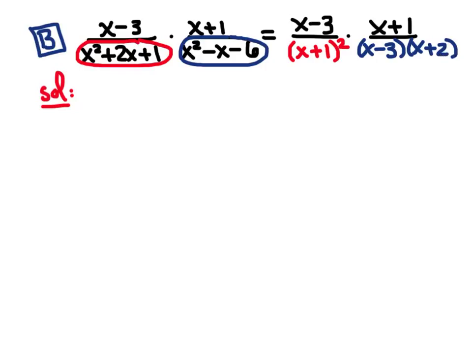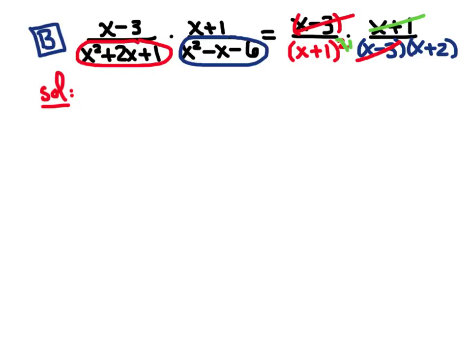Okay. We then can look at this expression as a whole, and I see that I have a factor of x minus 3 on the top here, which will cancel with the x minus 3 over here. And I also have a factor of x plus 1 on top, which will cancel with one of the x plus 1's on the bottom on the left here. So the way we indicate that is we cross out the 2 and rewrite what the exponent would be.